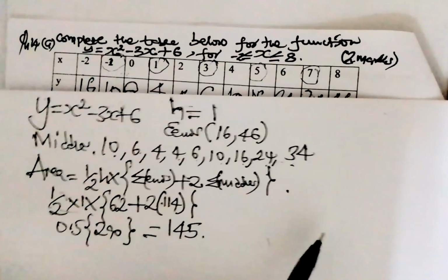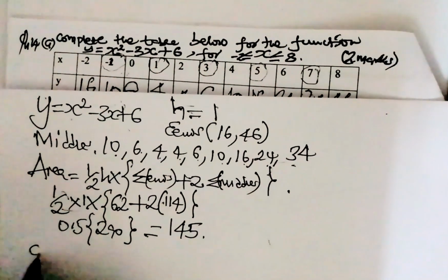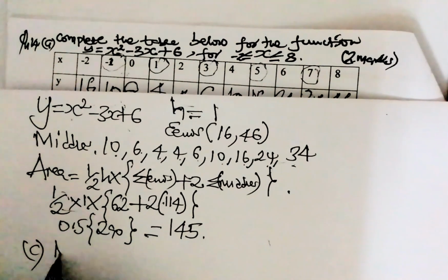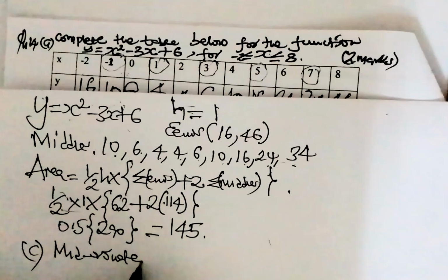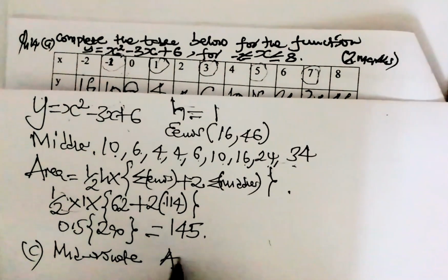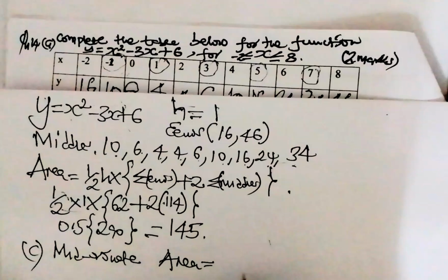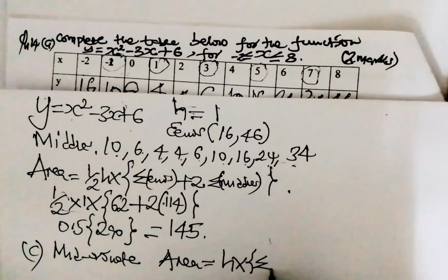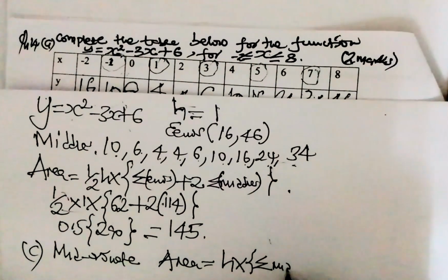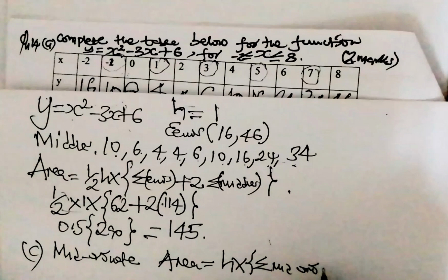So the area in part C, using mid-ordinate, will be given by the common height multiplied by the sum of the mid-ordinates.